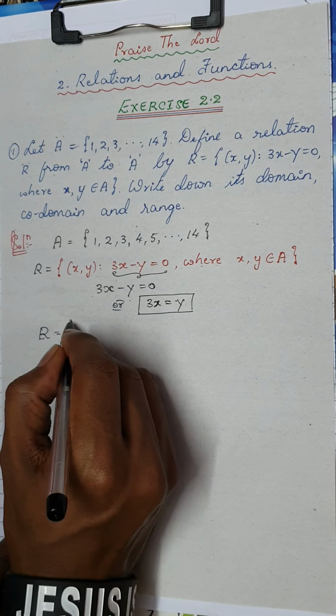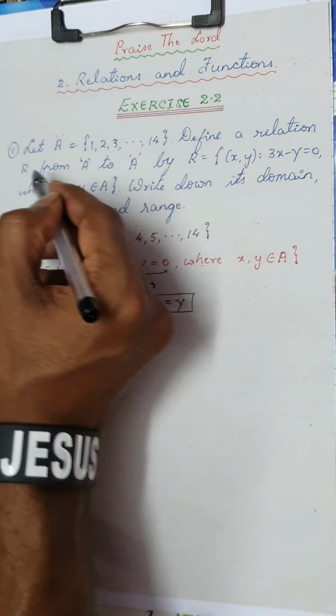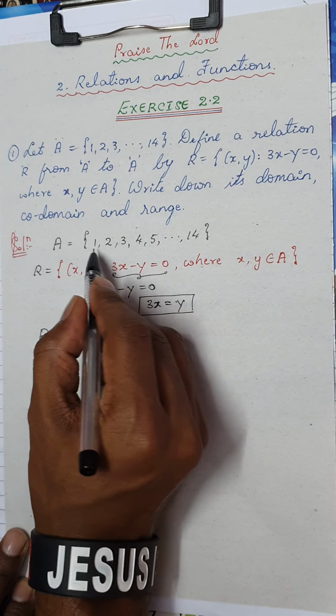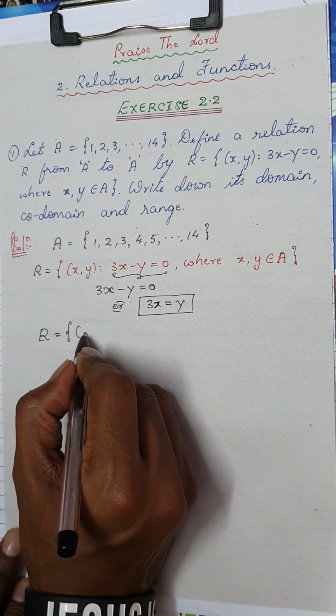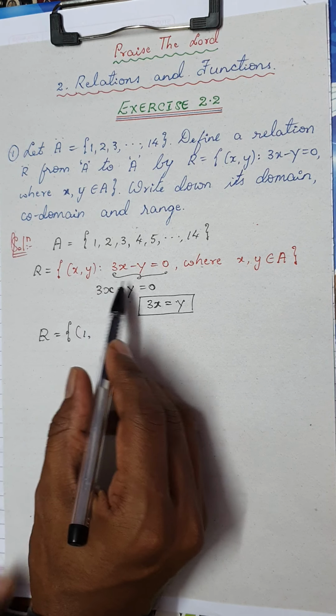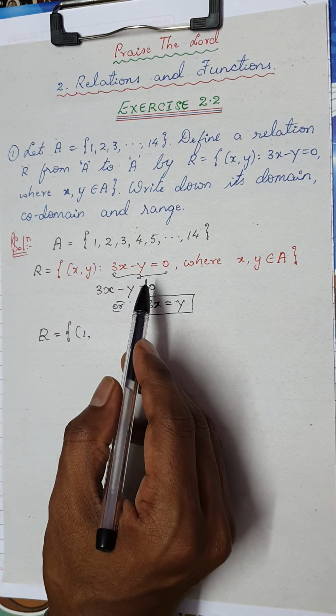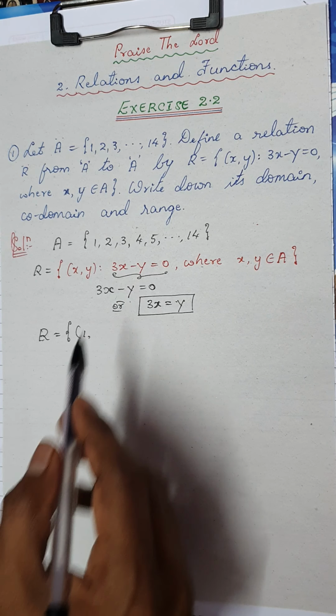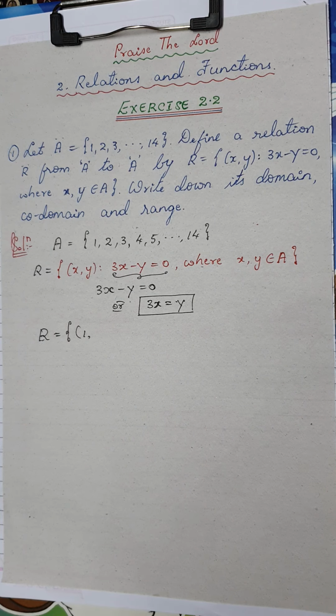Usually relation is denoted by capital R. Relation is equal to, now let's start using the values. Please be very careful. A similar question, similar relation, you can find in second PUC also. There it would be a 5-mark question. So please note it down.